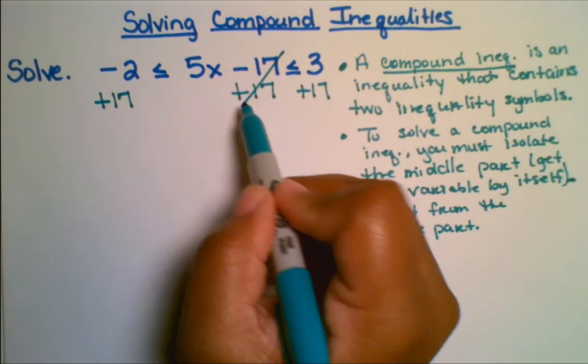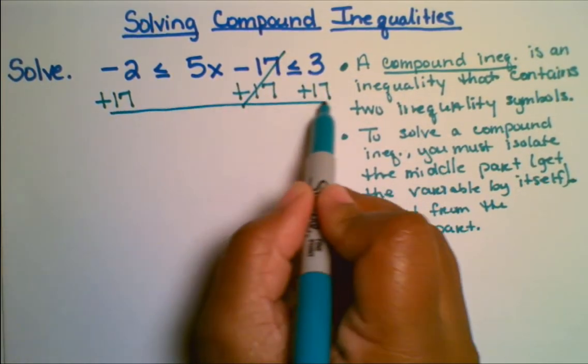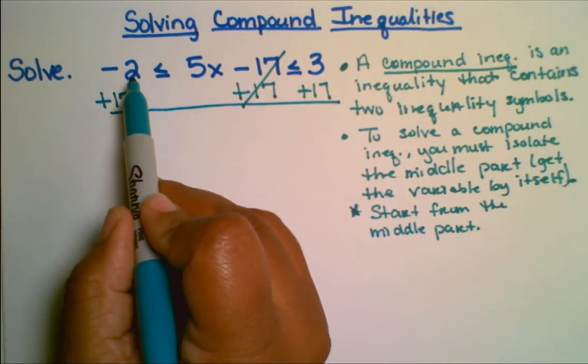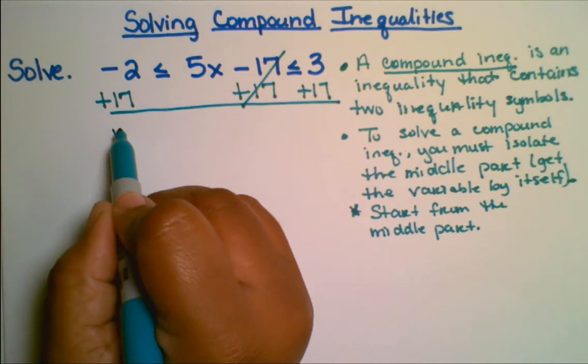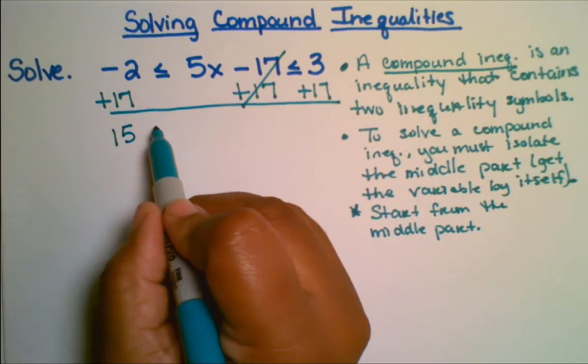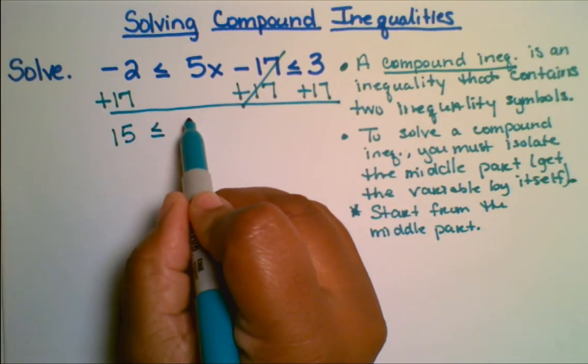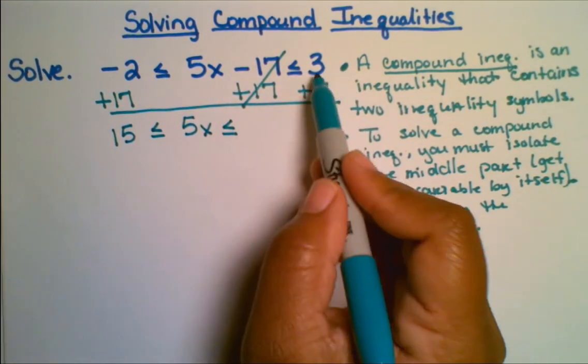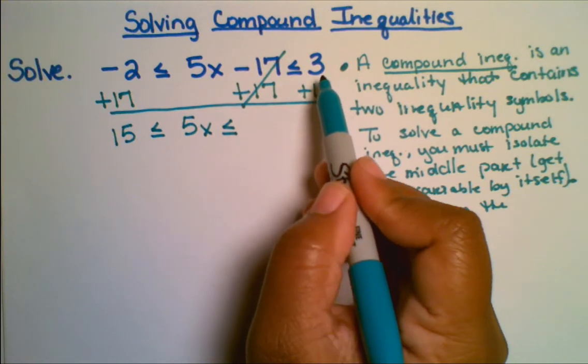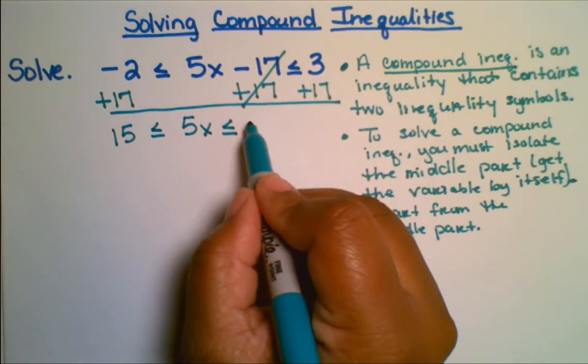So in the middle, the 17s cancel out. And we have on the left side -2 plus 17, which gives us 15, less than or equal to 5x, less than or equal to, now let's add the right side, 3 plus 17, that gives us 20.